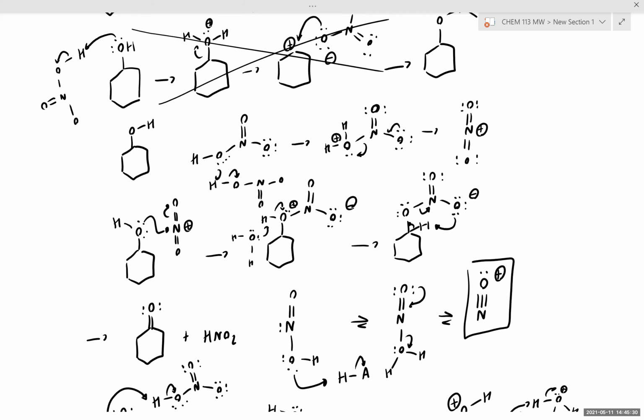From here, after a proton transfer step, we can oxidize our alcohol to the ketone and reduce nitric acid to nitrous acid via an intramolecular proton transfer, where we pull off an equivalent of hydride and we reduce nitric acid to nitrous acid.